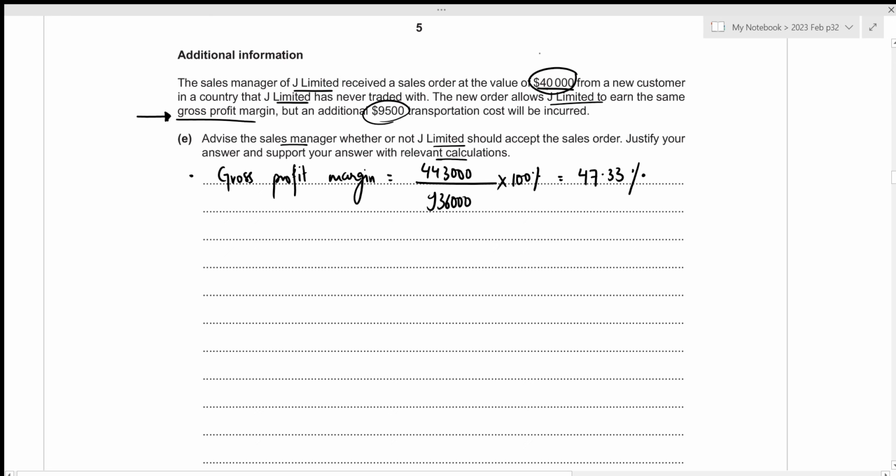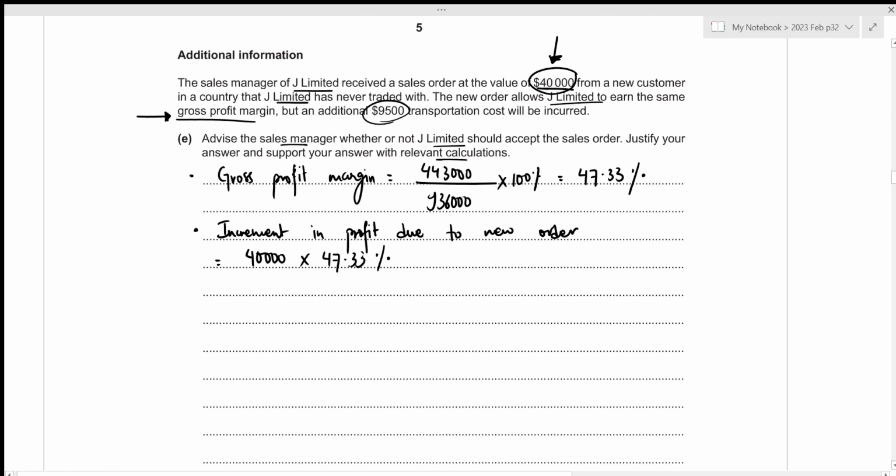Now, for this new order, we have the sales value of 40,000. So let's figure out the increment in profit due to the new order. First of all, let's figure out our gross profit. So that is just going to be the sales value of 40,000 multiplied by our gross profit margin percentage of 47.33%.